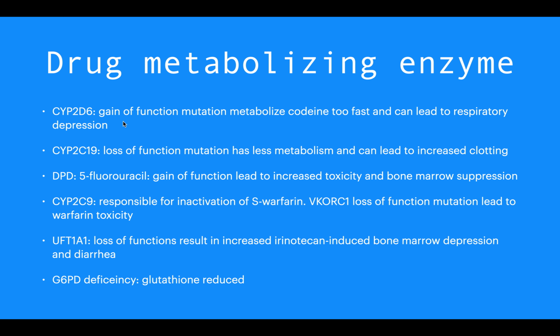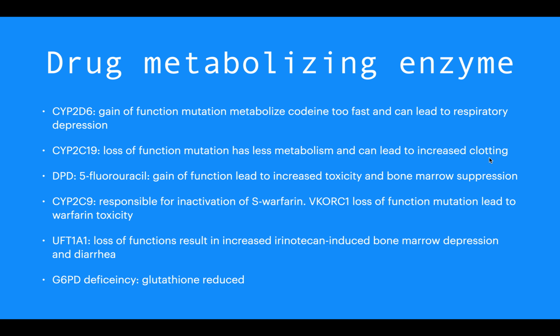CYP2D6, this is going to be a gain of function mutation, and this is when the patient metabolizes the codeine too fast, and it leads to respiratory depression. CYP2C19 is going to be a loss of function mutation, so there's less metabolism and then increased clotting of certain drugs.